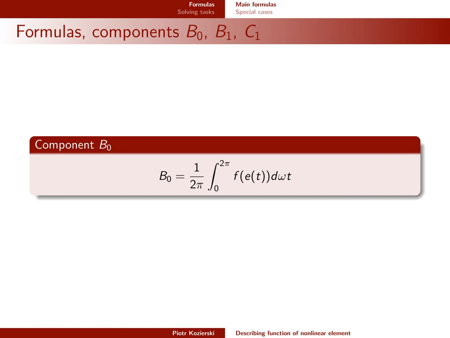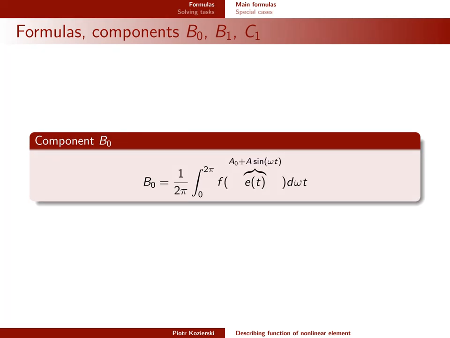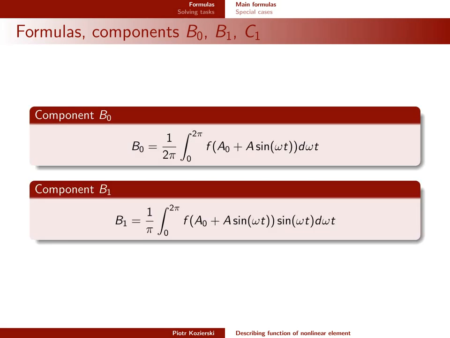The b0 component is the integral on the interval from 0 to 2π of some function dependent on the input signal with respect to omega t, and this is divided by 2π. But this input signal can be written directly as a sine.